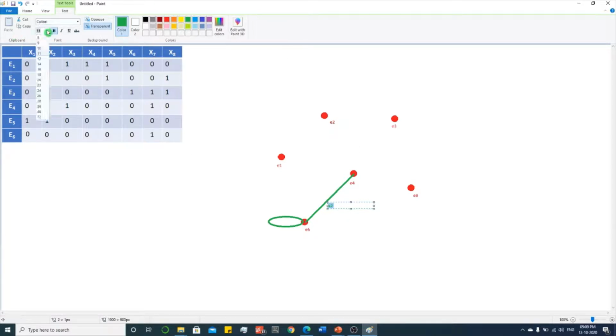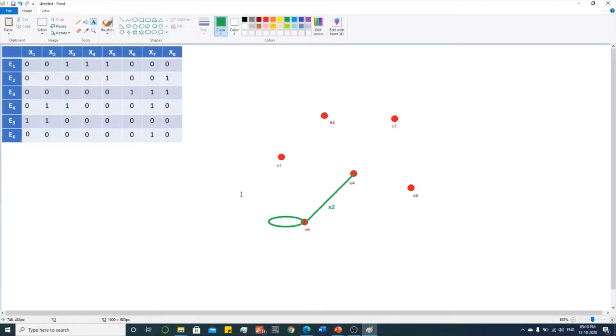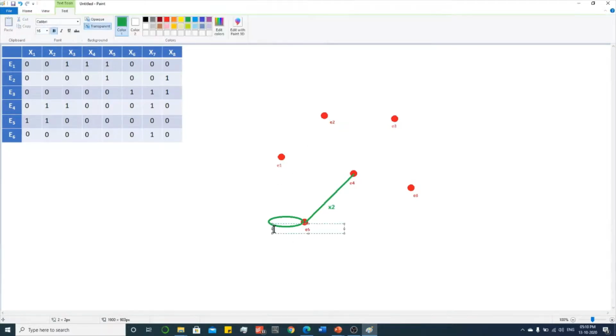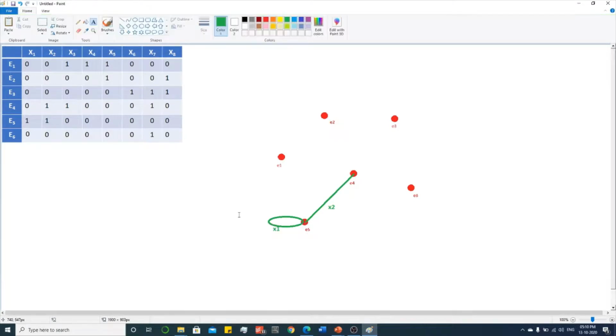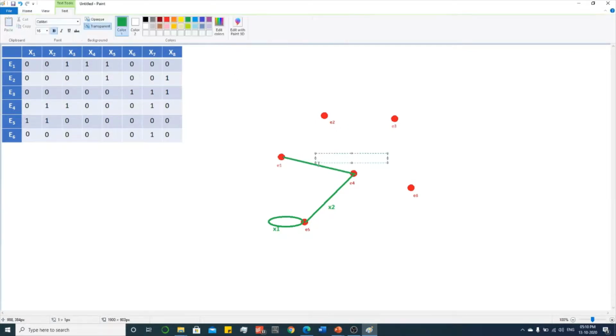Okay, this is x1. This is x2. Next we shall come back to x3. It's connected with E1 and E4. Again we shall draw a line from here to here and name it as x3.